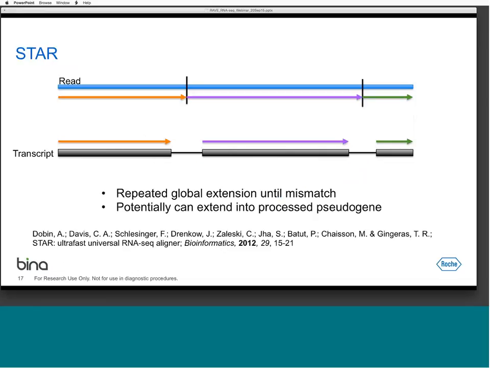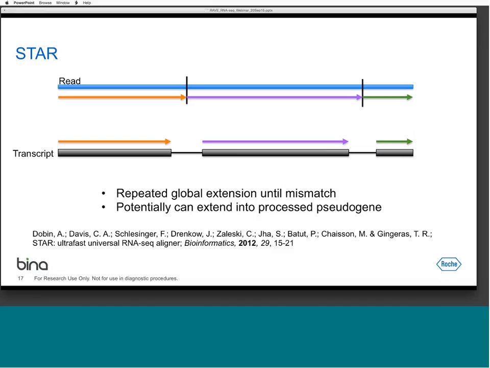In contrast, STAR does not rely on a genomic aligner. It builds its own suffix array-based index of the entire genome, and then it aligns the read in a very natural approach. It starts from one end of the read and extends the alignment one base at a time until it cannot extend the alignment anymore. At this point, it assumes that because it can't extend, it has hit some intron junction, and then restarts this extension process in order to find the next intron junction, the next exon, the next intron junction, and so on.